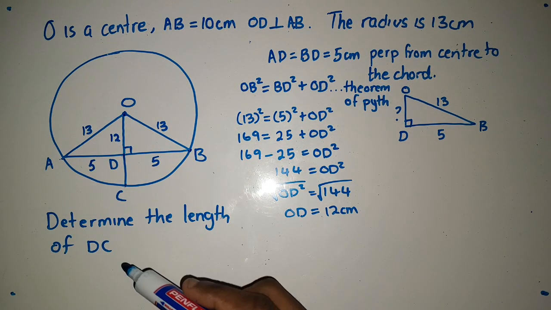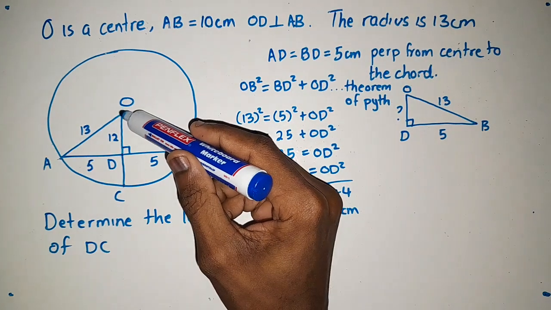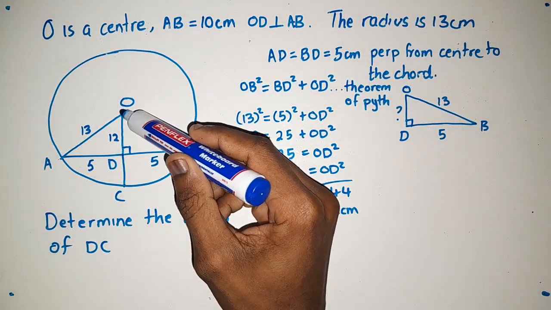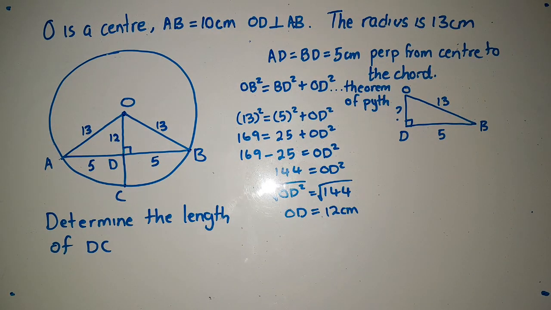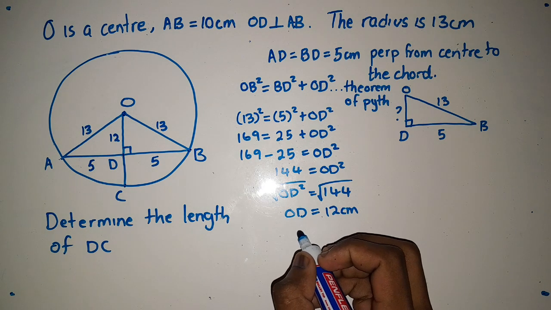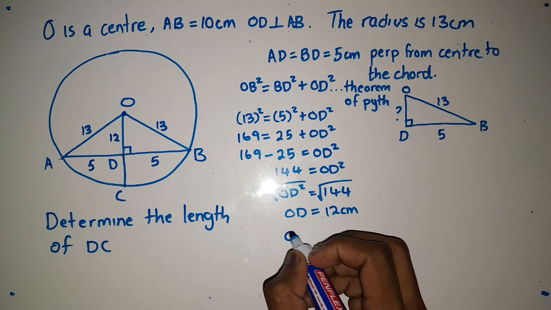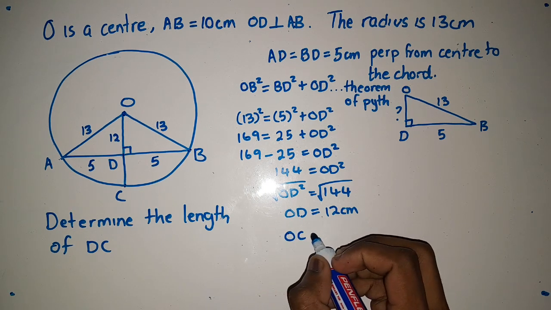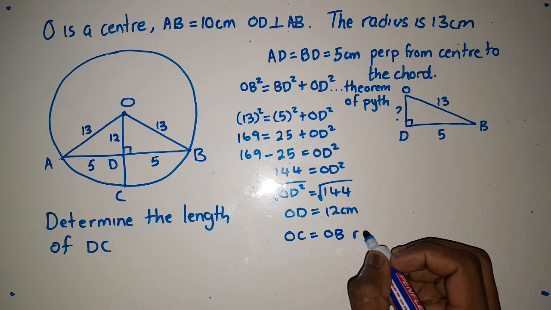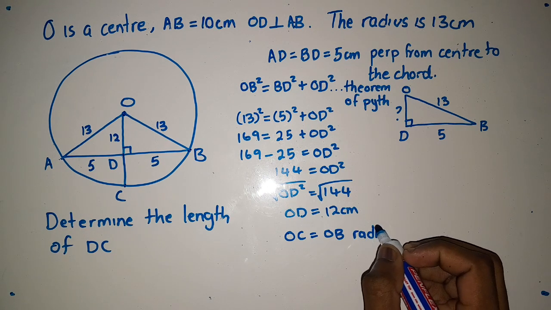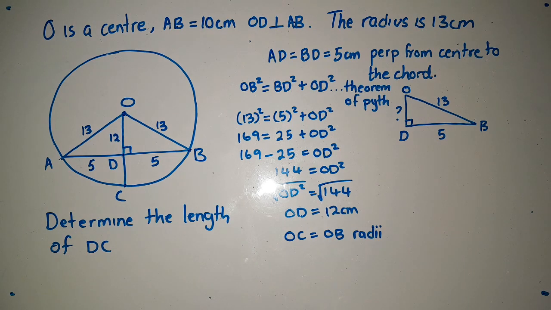Bear this in mind, that OC and OB, both of them, they are radius. Somehow they are going to be equal. Then we get a case like this now. OC is equal to OB. Both of these are radius. They are equal.